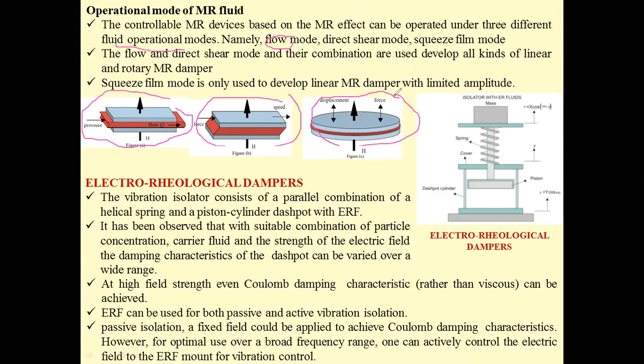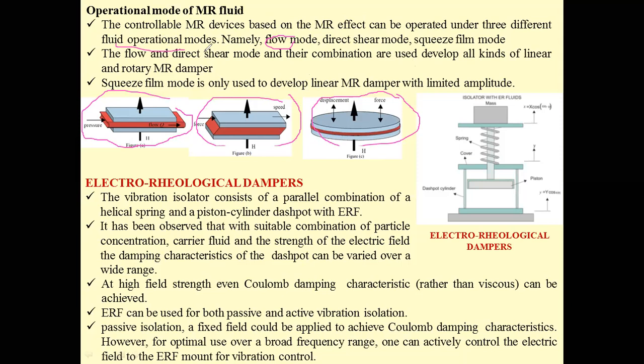So these controllable magnetorheological devices or fluids based on this MR effect can be operated under three different fluid operational modes. So we know that the fluid has a flow mode, a direct shear mode, and a squeeze film mode.